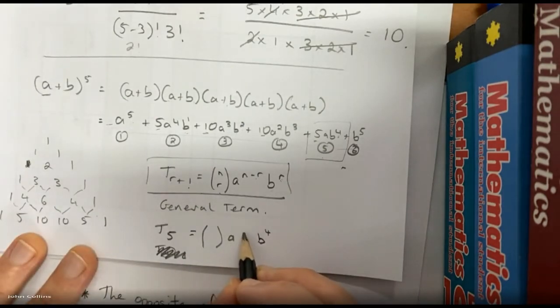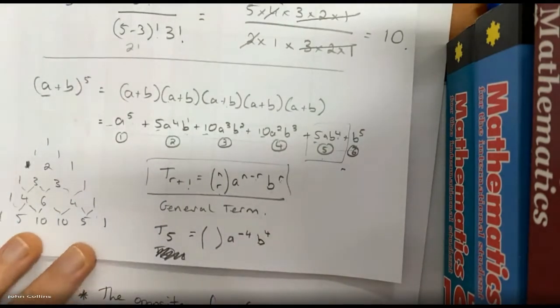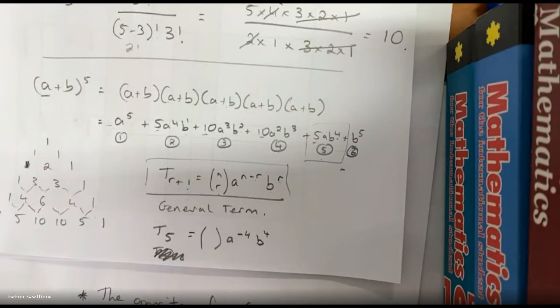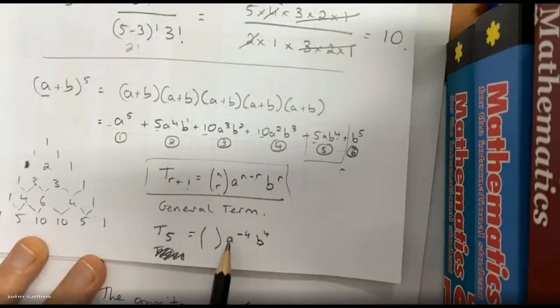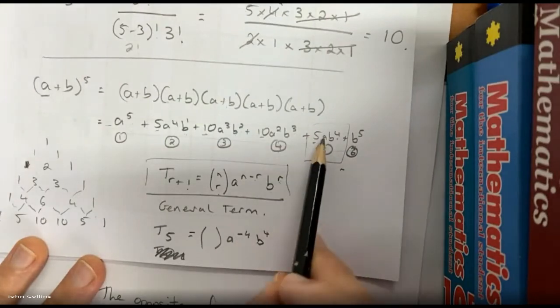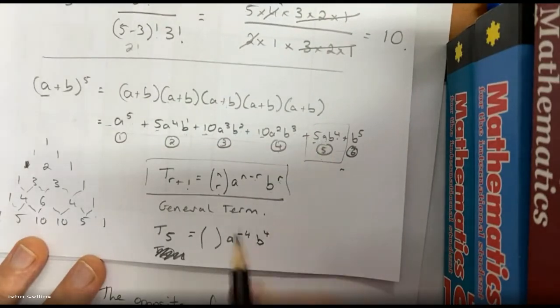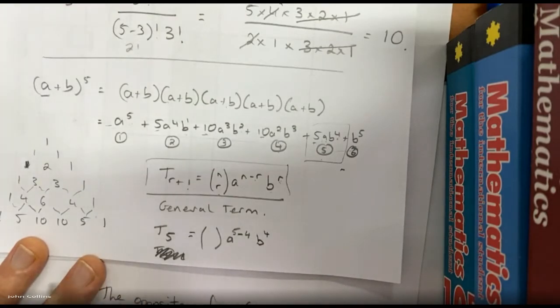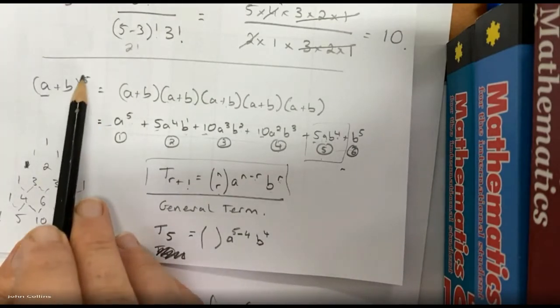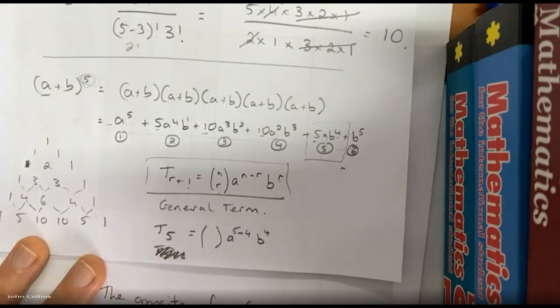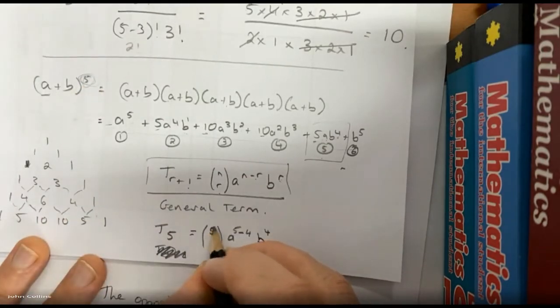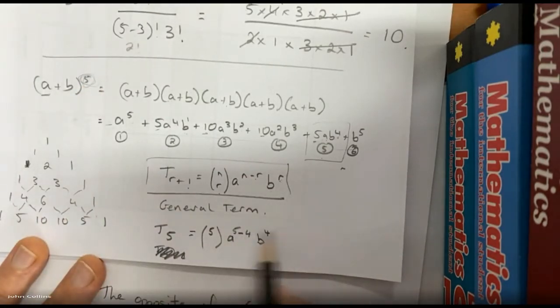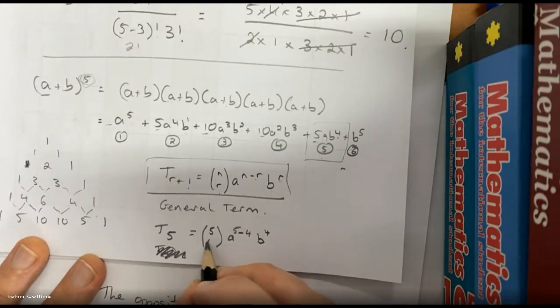Now, I know it's n minus 4, so that has to be 4 as well. And this, perhaps, can help find what n would be. It's something minus 4, but we already kind of know the answer. The answer needs to be 1, so it has to be 5 minus 4. So n is actually the power. So anywhere there's n, I'm going to put 5. Anywhere there's r, I'm going to put 4.